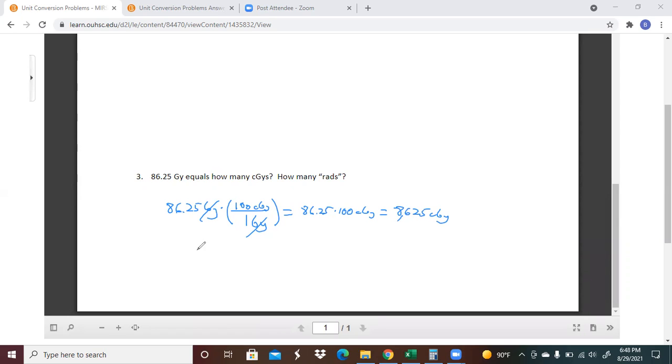How many rads is that? Well, as it turns out, if you look up the conversion factor, you find out that 1 rad is the same as 1 centigray. So centigrays cancel. Multiplying it by 1. That's what you've got. Okay. Not bad. Not bad stuff at all.